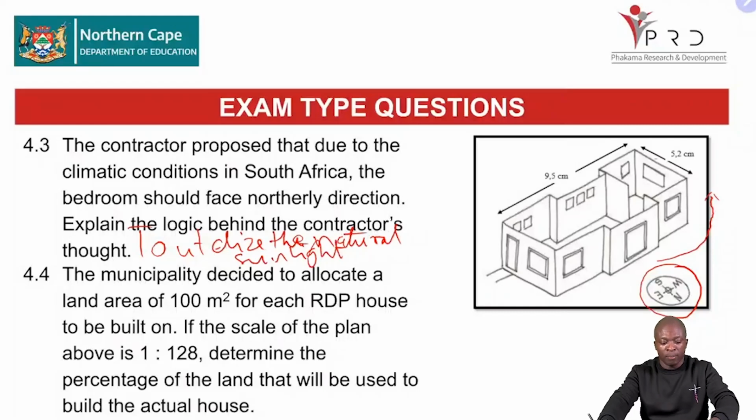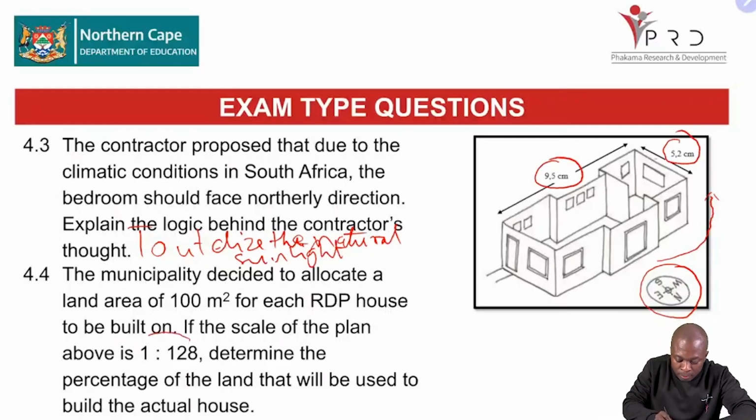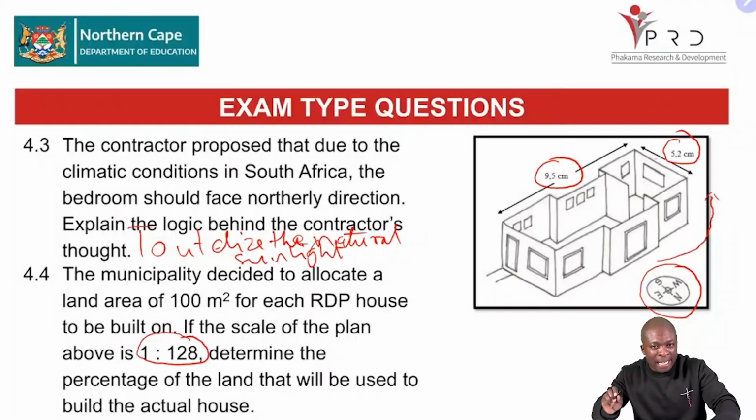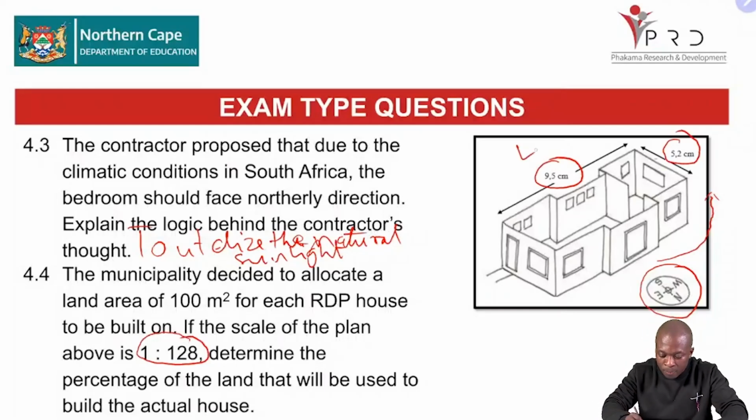Welcome back, learners. For question 4.4, this is how you are supposed to answer. For each of the values on the diagram, you have to use the scale to find the actual dimensions, meaning the length.